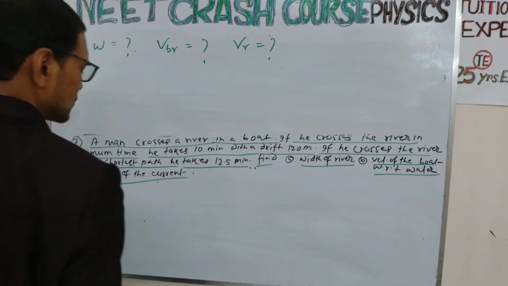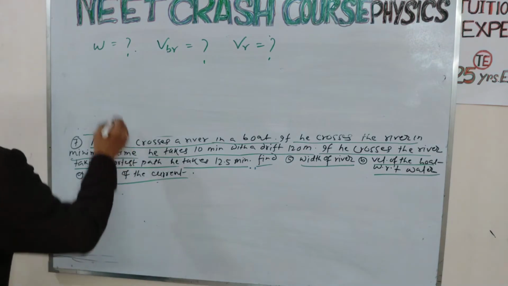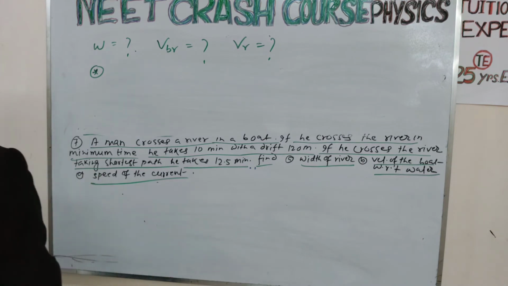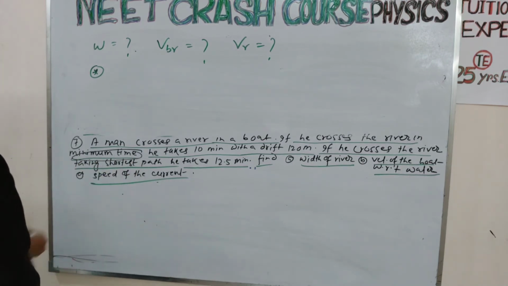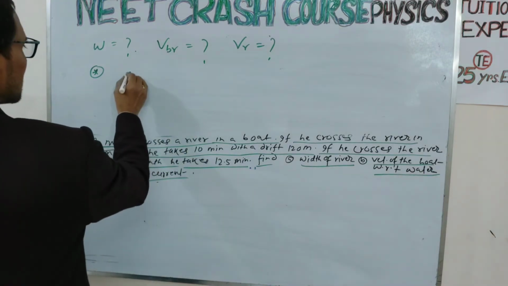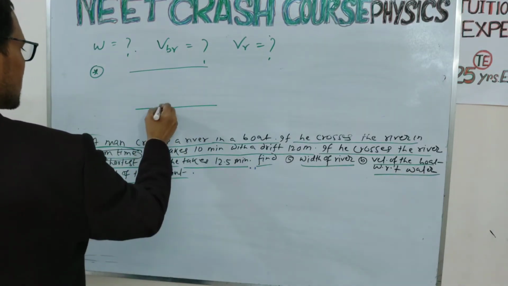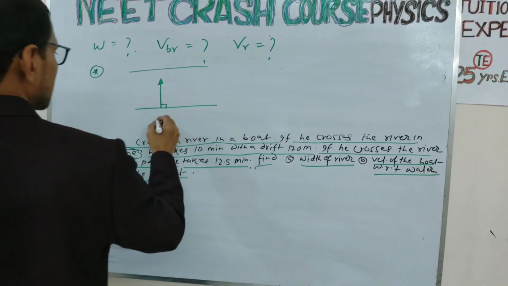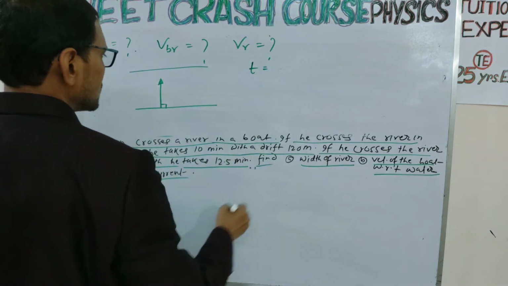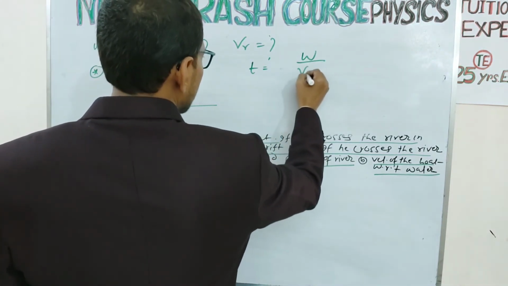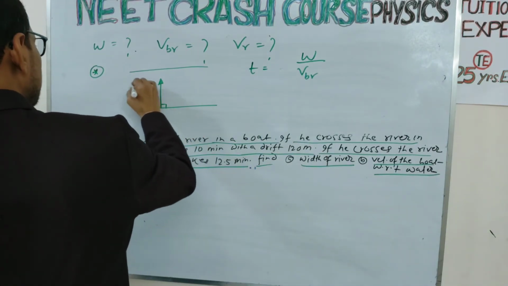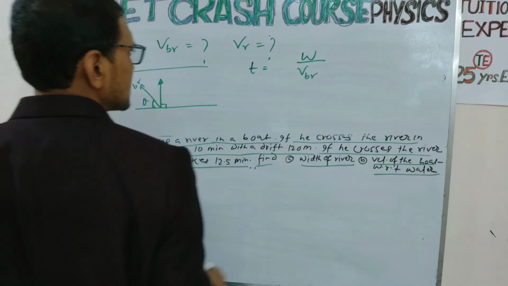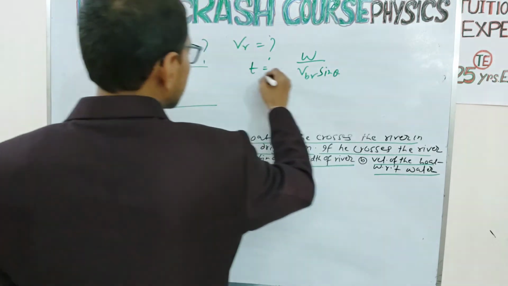See, now here first, a man crosses the river in minimum time. When he crosses the river in minimum time, he should start perpendicular, because we know the time equal to W by VBR sin theta, so theta will be 90 degree for minimum time.